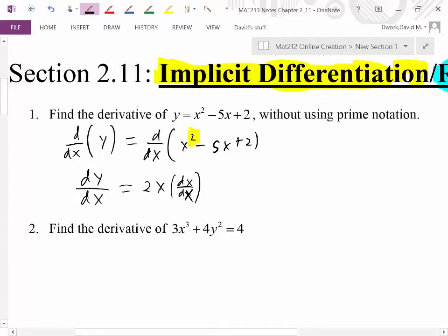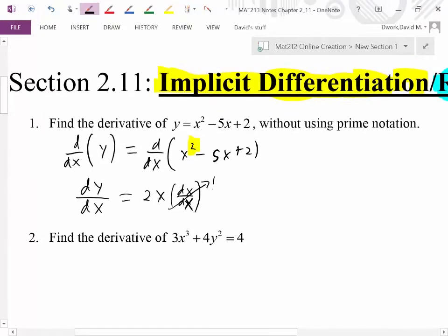Now I'm doing the derivative of x, so it's the derivative of x with respect to x. The reason we've never written this is because what's dx divided by dx? Well, that's 1. So we leave that alone. The derivative of x is 1. So we would just write a 1.